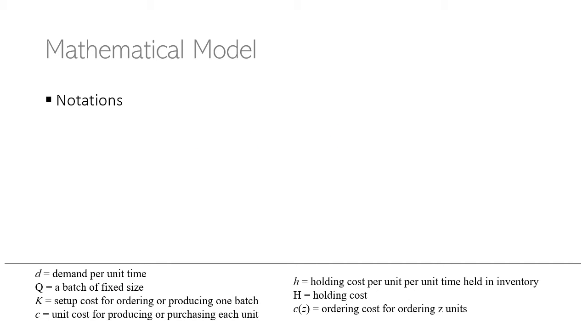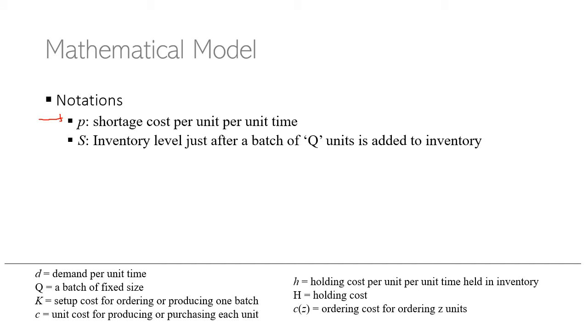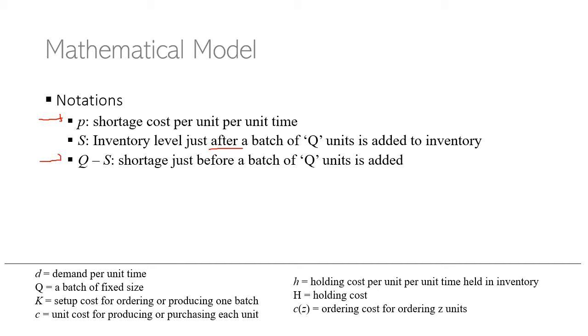For this mathematical model, we are going to require some additional notations, such as small p, which represents the shortage cost per unit short per unit time. Capital S is the inventory level just after a batch of Q units is added to the inventory, and hence Q minus S becomes the number of units short before a batch of Q units is added.